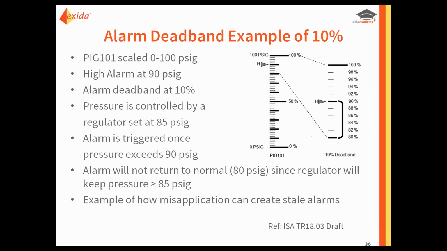The problem is, in this case, that we have a pressure regulator that will actually prevent the pressure from getting below 85. So once that alarm occurs, because of the deadband choice, the alarm will never clear. So we have created a stale alarm because of the misapplication of deadband in this case, and poor understanding of the process design.